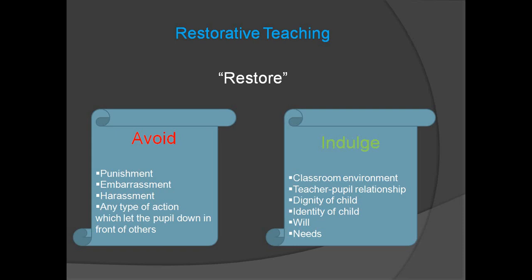One is we need to avoid giving punishment to students. We should not embarrass students in front of others, we should not harass students or take any type of action which lets the pupil down in front of others. We should avoid that. On the other hand, we should involve students in a healthy classroom environment, in a cordial teacher-pupil relationship. We should maintain the dignity of the child. We should value their identity. We should take care of their will and needs.